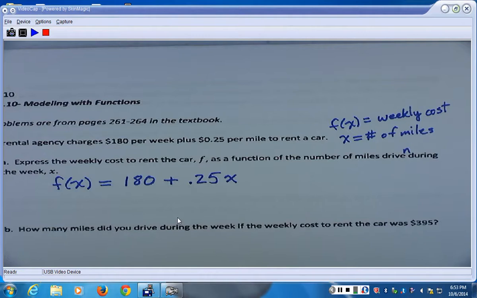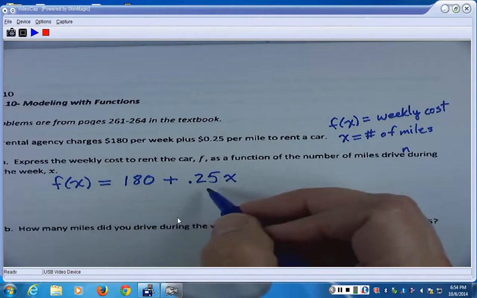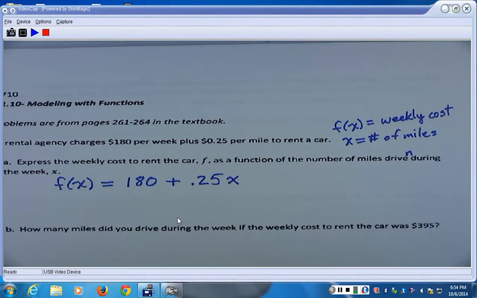If you just take an example of driving 100 miles and see how much 25 cents a mile would cost, that would be $25, and you multiply. So that's all you had to do. You had to translate this problem into function notation. Instead of y equals, we used function notation.